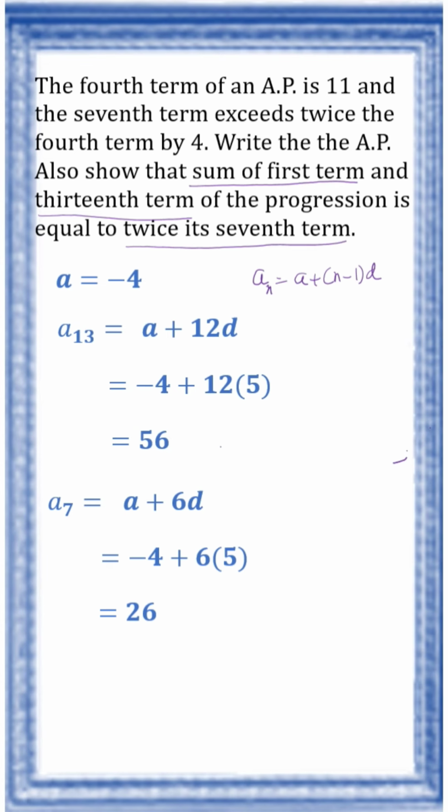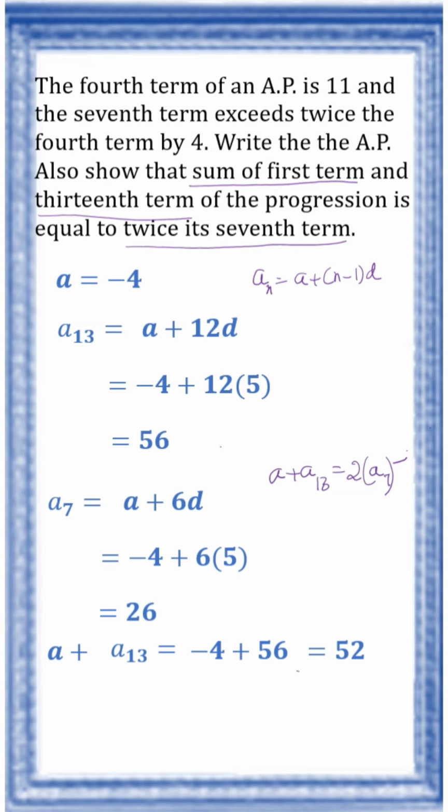Now we have to show that the sum of the first term and the 13th term is equal to twice the 7th term. So a plus a13 is equal to negative 4 plus 56, that is equal to 52.